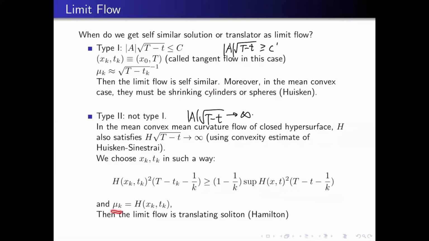Then we take our scaling factor to be the mean curvature at the space-time points, and then we can get a limit flow. More importantly, this limit flow has to be a translating soliton. The proof is based on the rigidity case of the Harnack inequality proved by Hamilton.